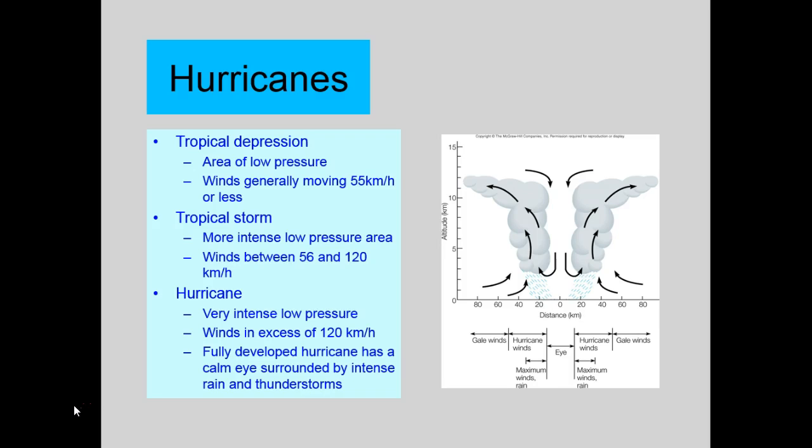Category 2 hurricane, 96 to 110 miles per hour. Well, that's the stronger Category 1 tornado. Category 3, 111 to 130 miles per hour wind. That's a weak Category 2 tornado. Category 4, extreme, that would be 131 to 155 mile an hour wind.